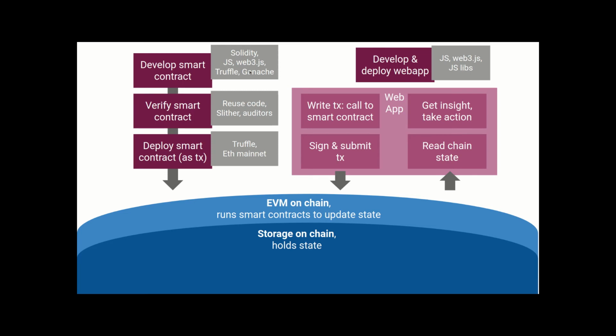In the first part, you're deploying locally to your local chain called Ganache. In this case here, you're using Truffle to deploy to Ethereum mainnet, the chain. Besides that, when you're developing the web app, you're going to use typically JavaScript, web3.js, and other JavaScript libraries. And what's interesting is you can get away with not having any backend. A lot of the time people don't have things like Node.js or Django or anything running in the backend.